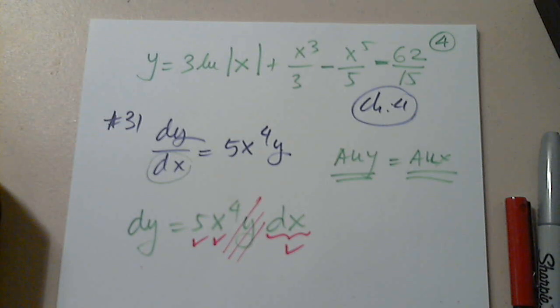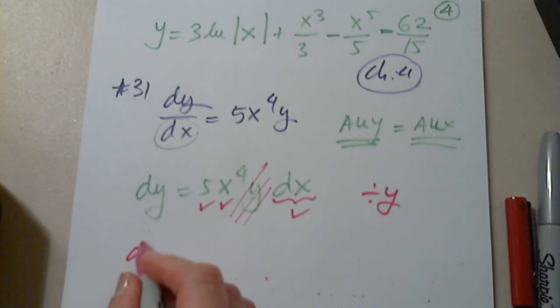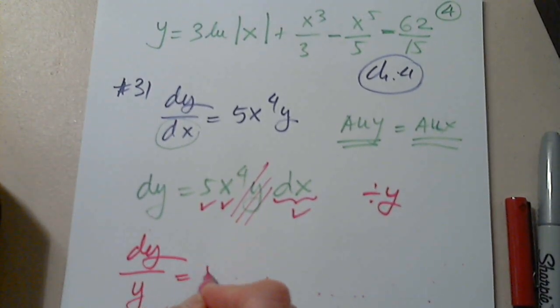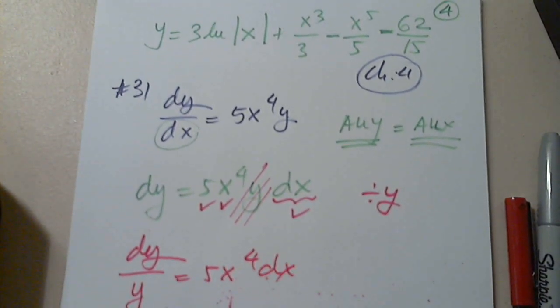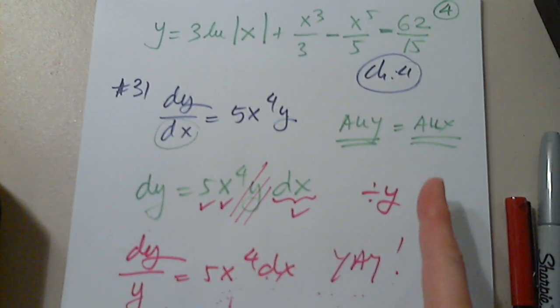It's the only way. I have to divide by y. So when I divide by y both sides, I get dy over y equals 5x to the fourth dx. Yay! I separated the variables. Everything that has y is on one side. Everything that has x is on the other. Now I'm ready to integrate.